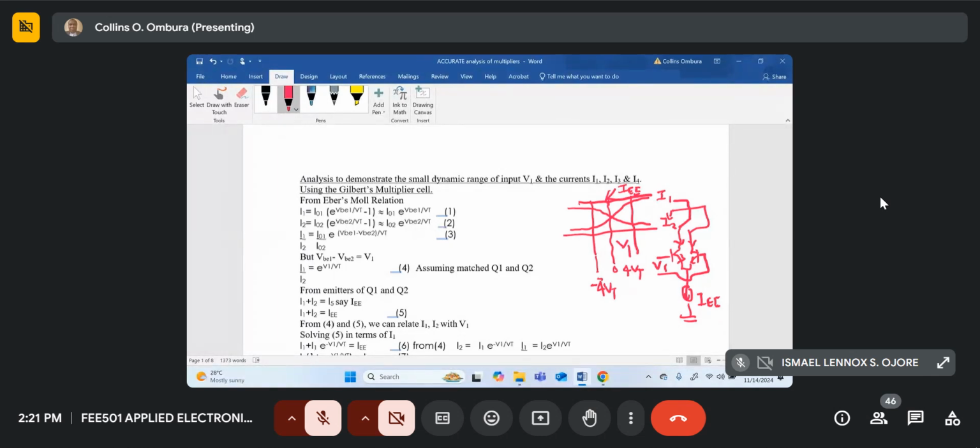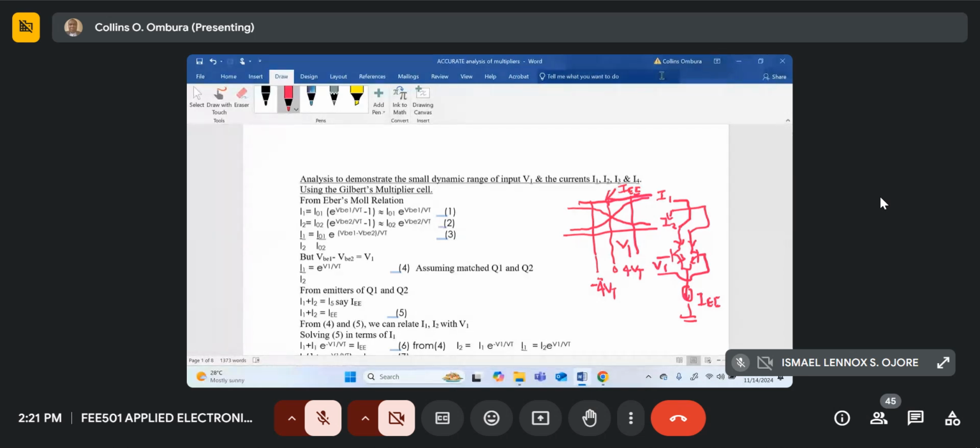If you put a signal beyond that, then the collector current will clip, and therefore your circuit no longer acts as a multiplier, because the voltage will not be able to change once the maximum collector current flows in any of the two transistors.